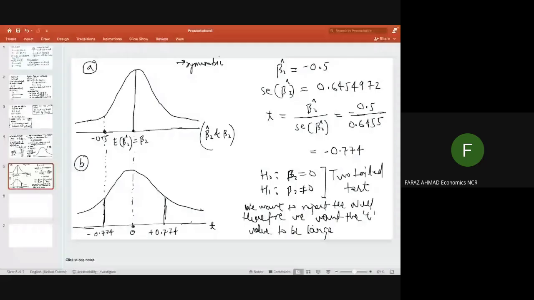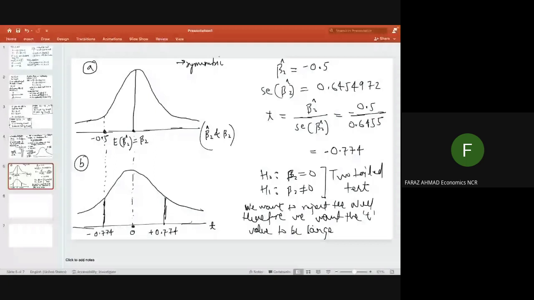We want to reject the null, therefore we want the t value to be large, further to the left or to the right.